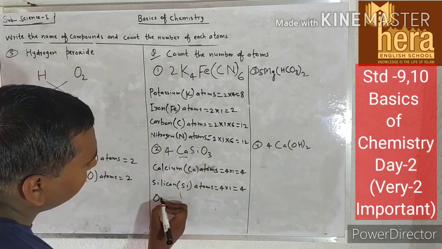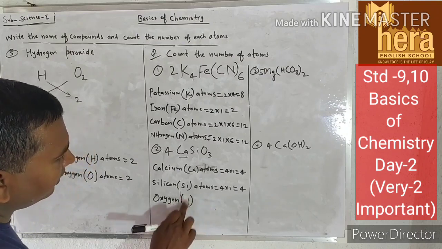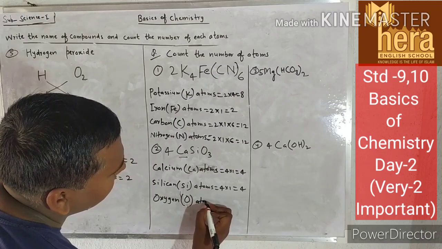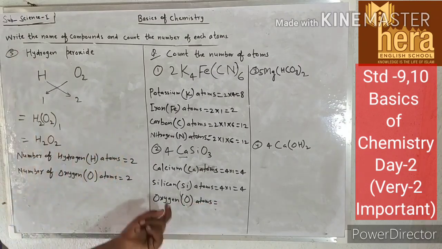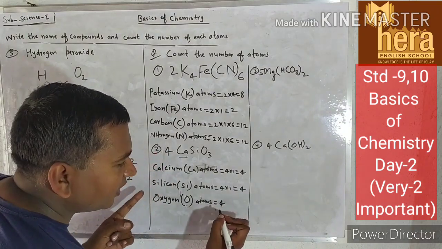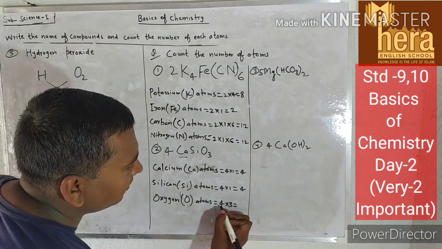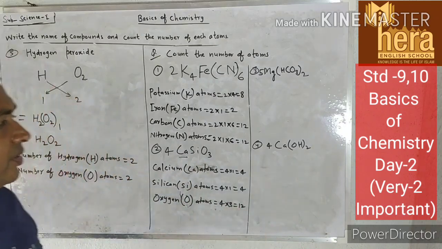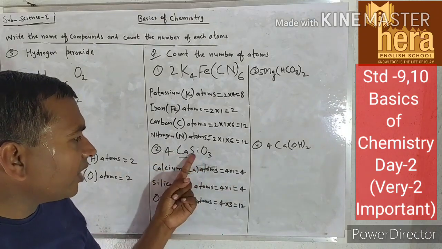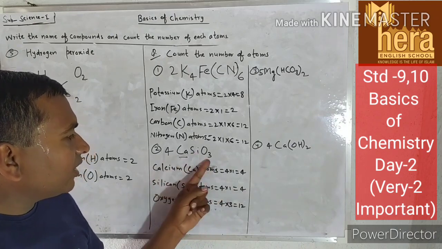Oxygen, capital O, atoms, here is 4, always multiplication, 4 into, see here is 3, 4 into 3, that will be 4 3 the 12. So in these molecules, calcium atoms is equal to 4, silicon atoms is equal to 4, oxygen atoms is equal to 4 3 the 12.